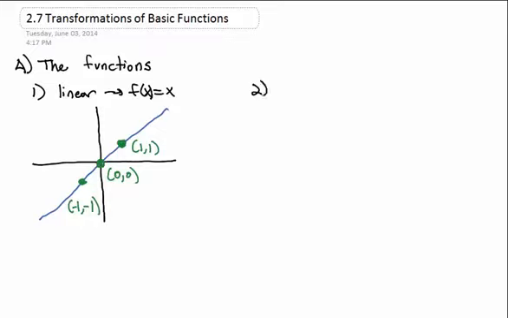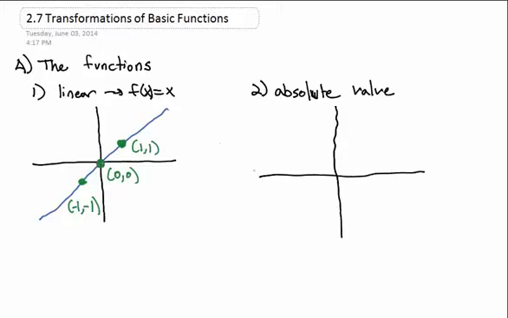The second graph that you need to know is the absolute value. The absolute value function looks like a V, as in the word value, with a slope of -1 down to the origin and a slope of +1 coming out of the origin.